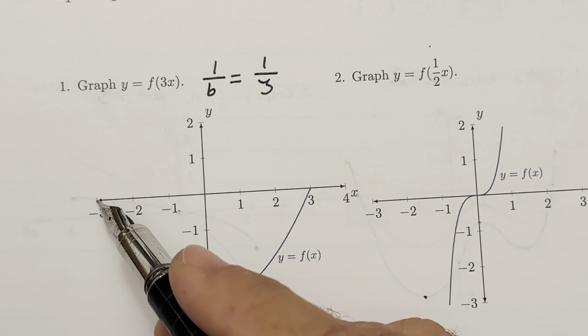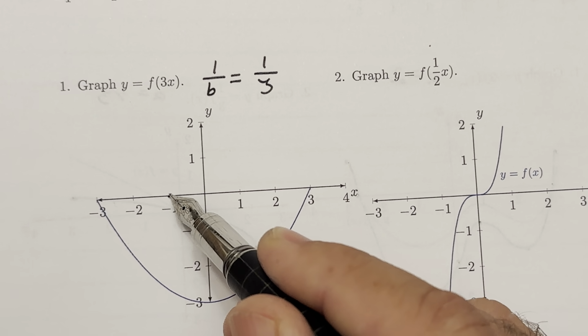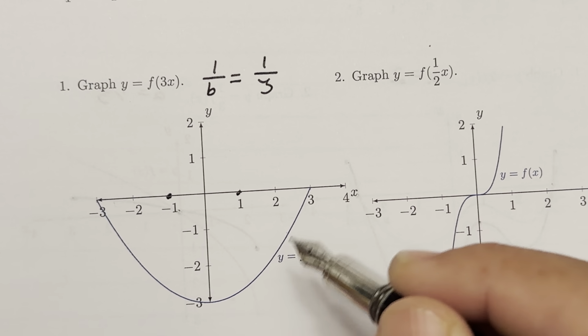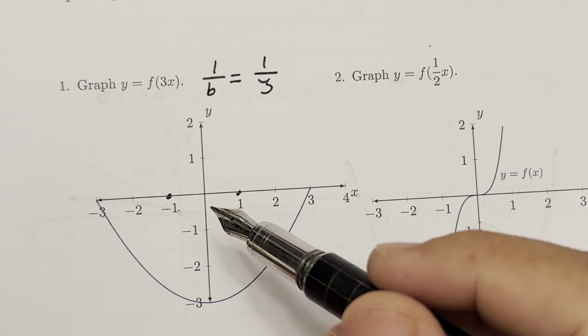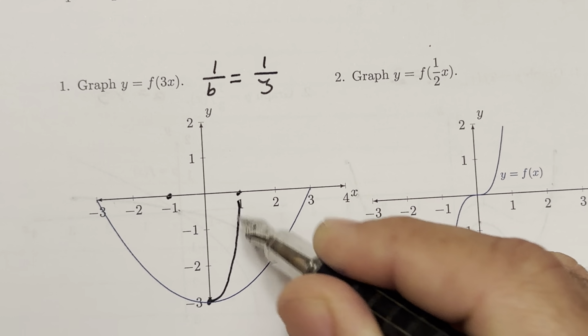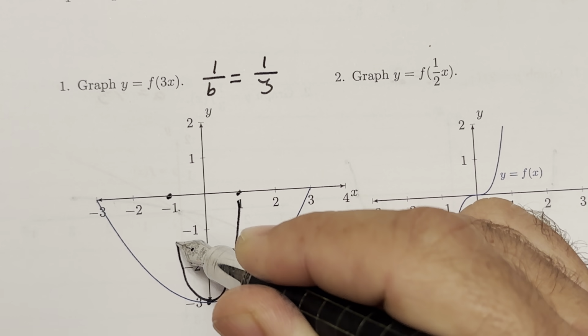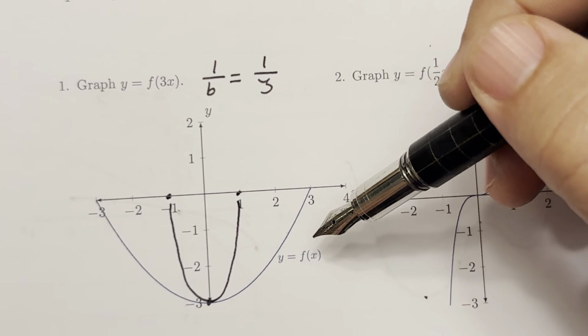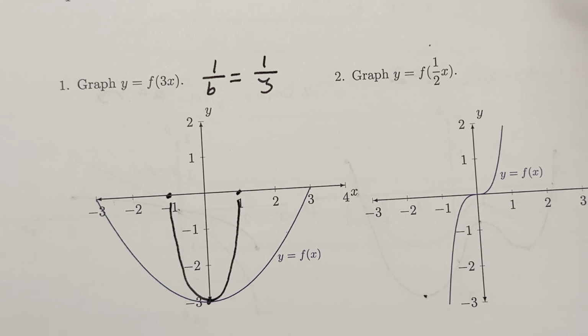So this point out here comes into here. And same here, out by 3 comes into 1. Again, note that the y value is not changing. There you are, just like that. Same general shape, just a little squished.